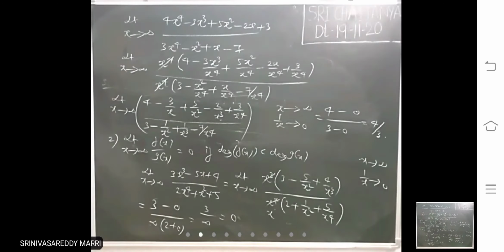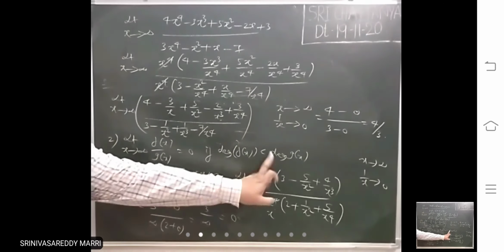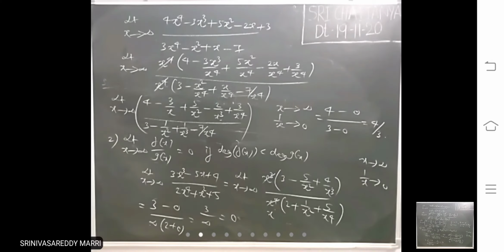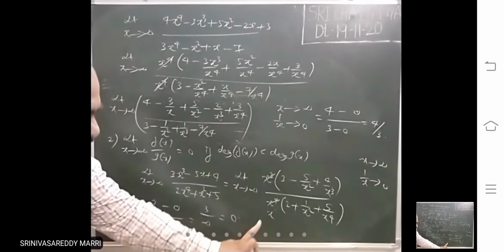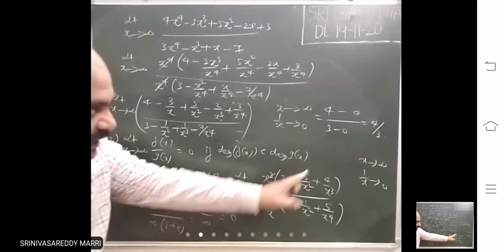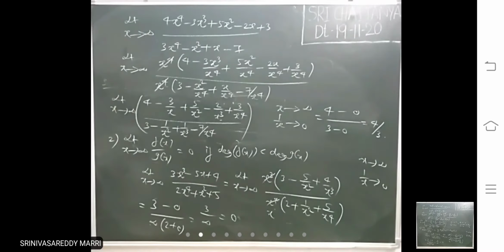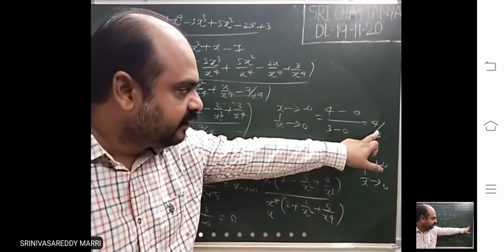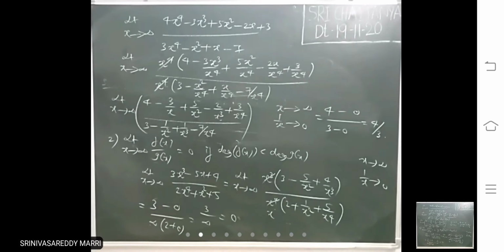That will become 0. So if degree of f of x is less, here also finite limit but 0. In the previous case, it is finite and non-zero value. Here also finite limit but 0.